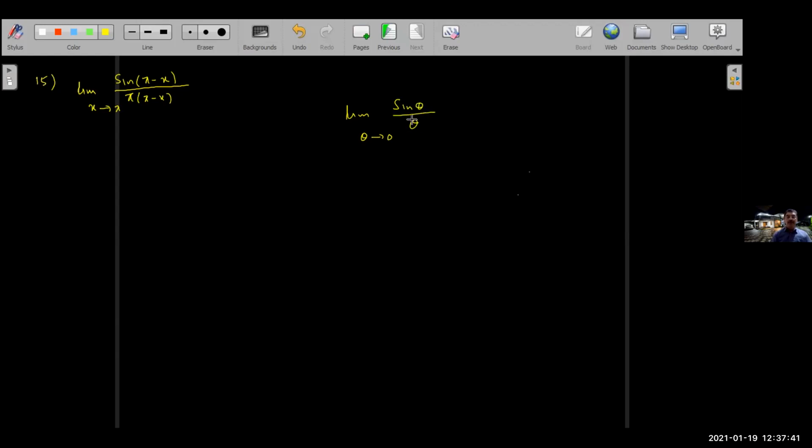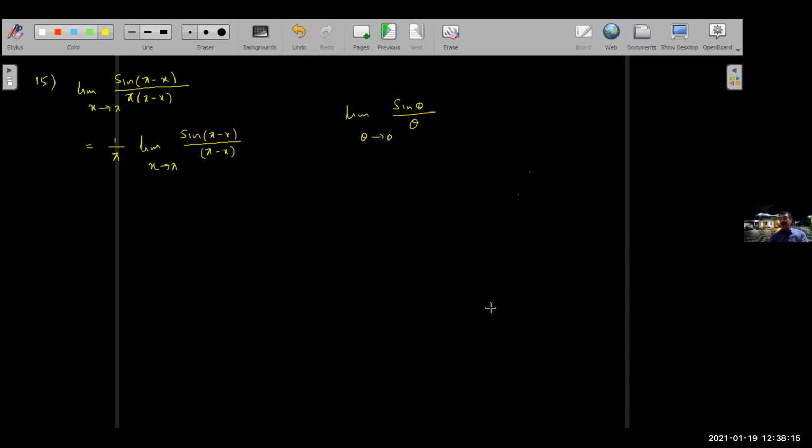That means the angle for sine has to be the same in the denominator, and the same quantity has to tend to 0. Here this pi is a constant, so 1 by pi can be taken out, and the remaining is limit x tends to pi of sine of pi minus x by pi minus x.